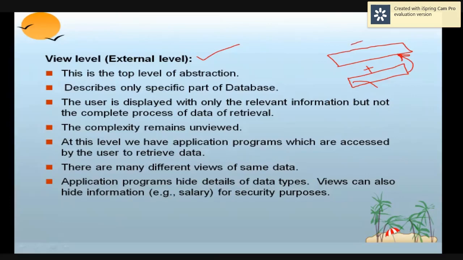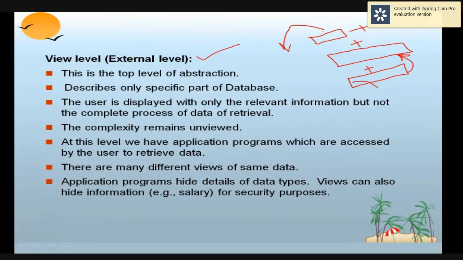The last level is your view level, where each user would have a different access to the data, like the example I have given. Being a faculty, I would be accessing some set of data. A student would be accessing some set of data which is relevant to him. Each type of user has a different view of data. That means the highest level of abstraction happens at the view level.